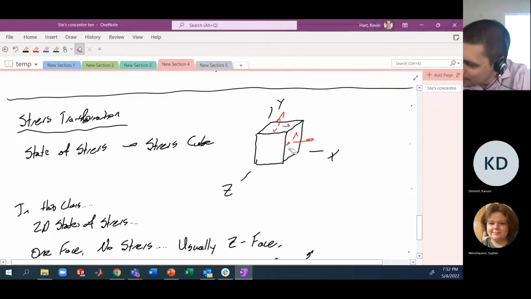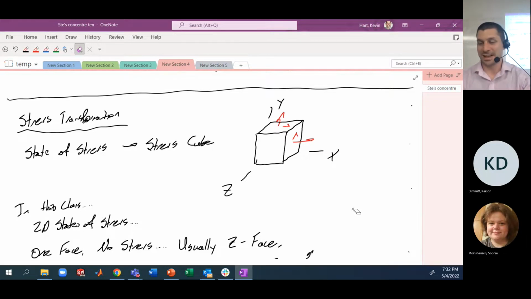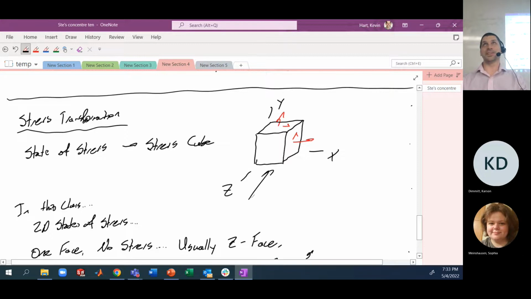They're gone. And their associated counterparts are also gone, right? So tau yz and tau xz also gone. And this leaves us with some view of this cube down the z-axis where you would only see, if you're looking at this from the side, a sigma x, a sigma y, and a tau xy.